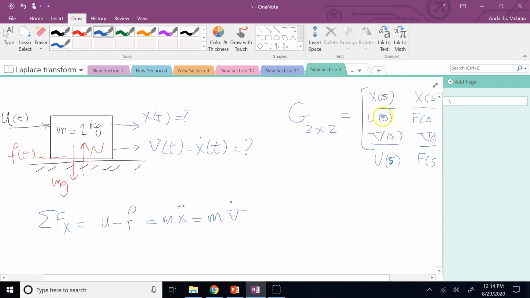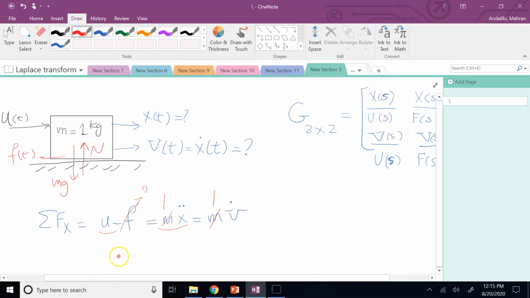Now how do I do it? For the first element, I'm only interested in u. I do not care about f. So I temporarily set f to 0, and remember m is 1. I take the Laplace transform of both sides, and find the transfer function.